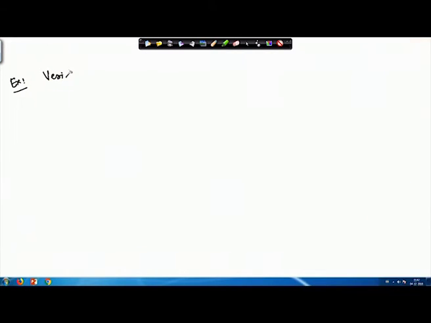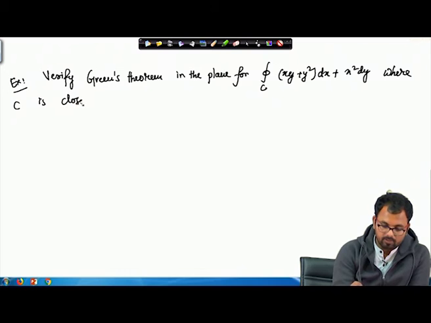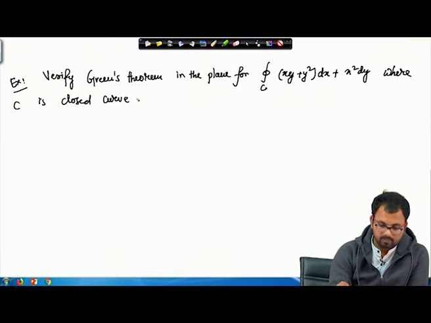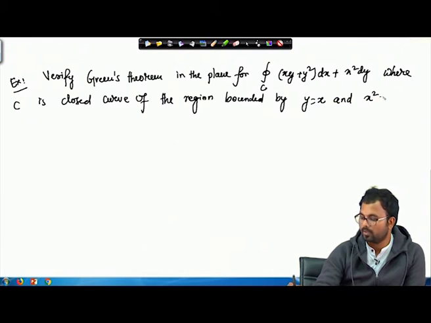Verify Green's theorem in the plane for the integral over the curve C of (xy plus y square) dx plus x square dy, where C is the closed curve of the region bounded by y equals x and x square equals y.